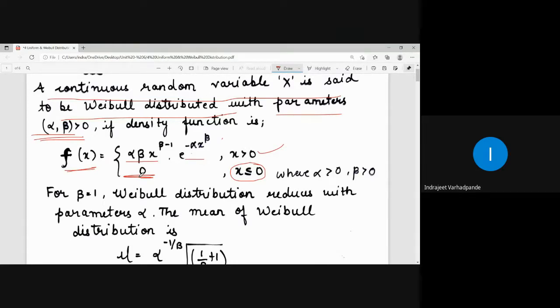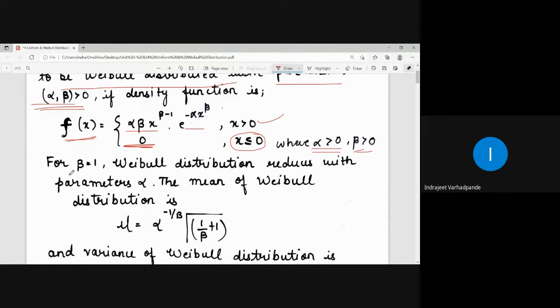So in this case also, the density function is given by f of x is equal to alpha into beta x to the power beta minus 1 into e to the power minus alpha into x to the power beta for x greater than 0, where alpha is greater than 0 and beta is greater than 0.